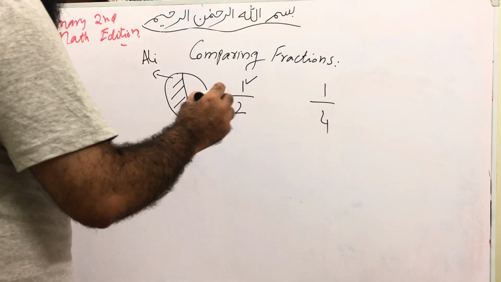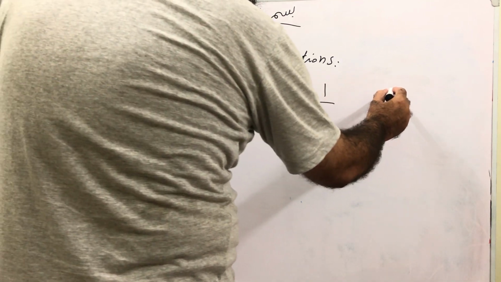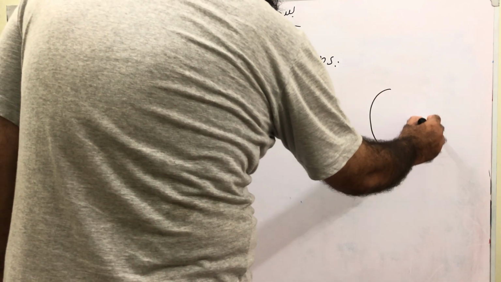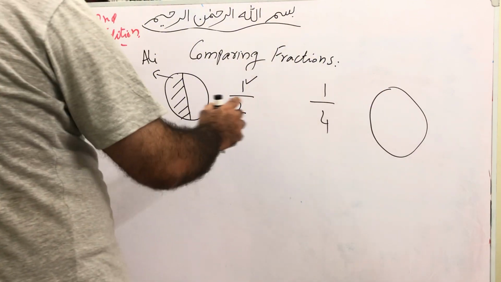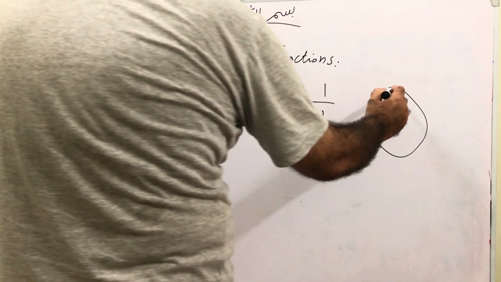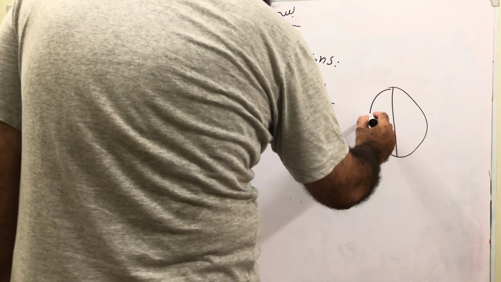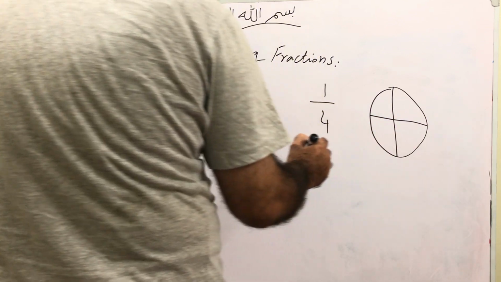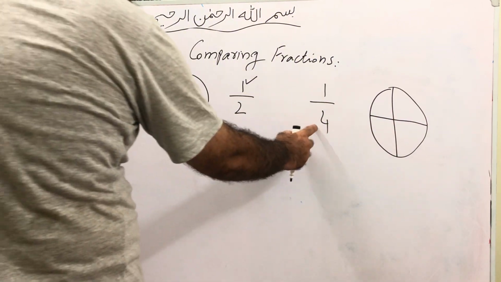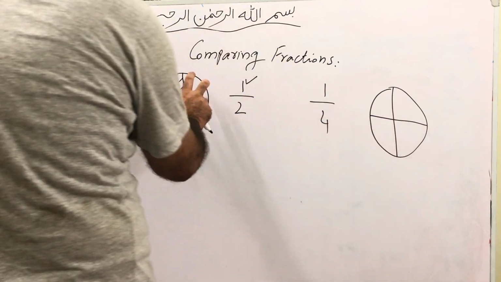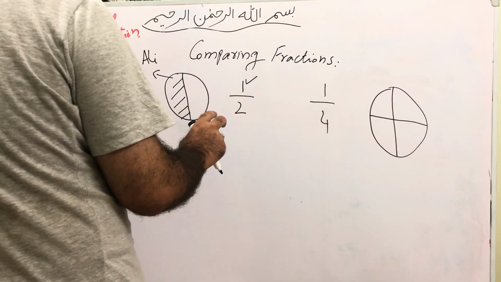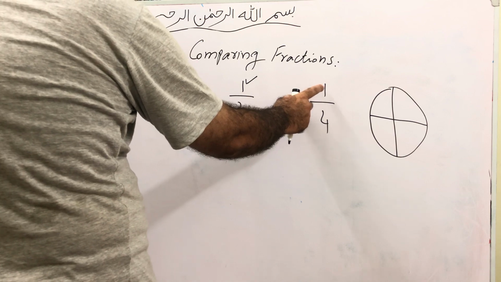Then if the pizza size is the same and now we have 4 parts, 1, 2, 3, 4, total parts 4, the same size of pizza, here Ali gets one part.